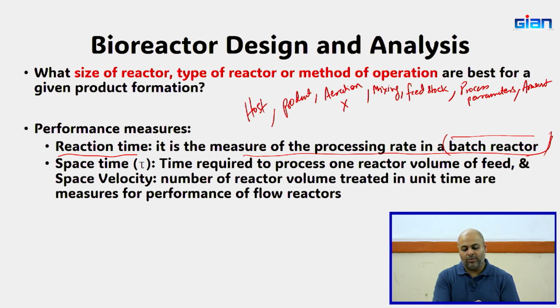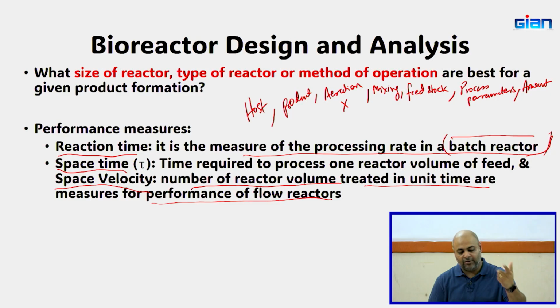When we are working with, let's say, a flow reactor, like a CSTR, continuous stirred tank reactor, we are looking at space time and space velocity. So space time is the time required to process one reactor volume of feed, and the space velocity is the number of reactor volumes treated in unit time to define the performance of a flow reactor.